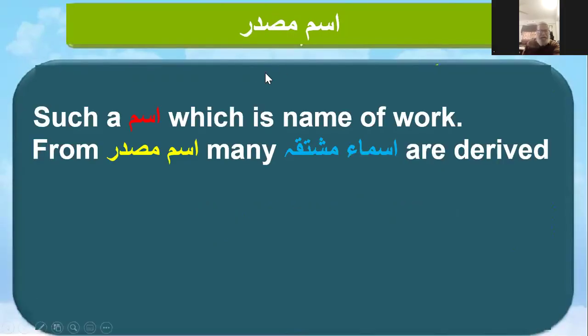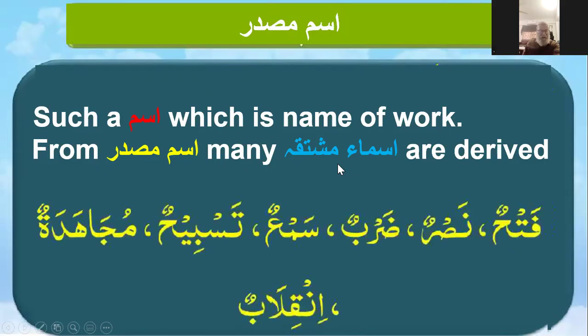The second is ismi masdar, such an ism which is the name of a work. From ismi masdar, many ismi mushtaqs are derived, just like fathun, nasrun, darbun, sam'un, tasbihun, mujahadatun, inqilabun. They all are masdar. They are ism, so they have a tanween.